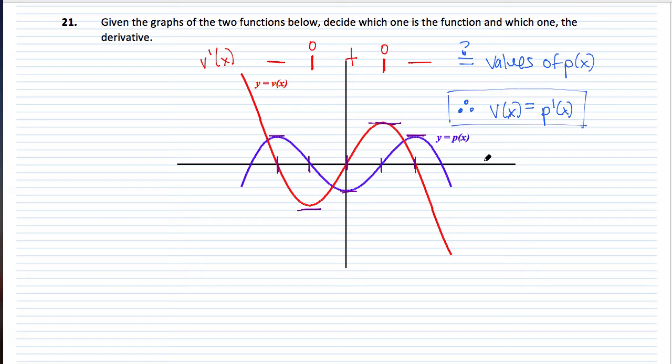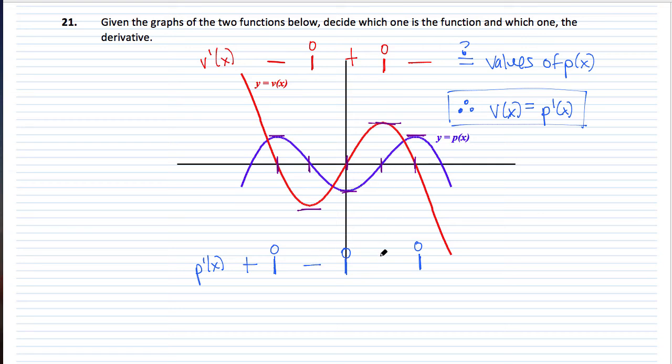Now if we want to go ahead and justify that a little further, let's do our points of interest for the blue function down below. And so we'll call this p prime of x. And so here is a 0 slope. Here is a 0 slope. We can see that. And then here is a 0 slope. And the slope to the left is very positive. In this middle section, it is negative.